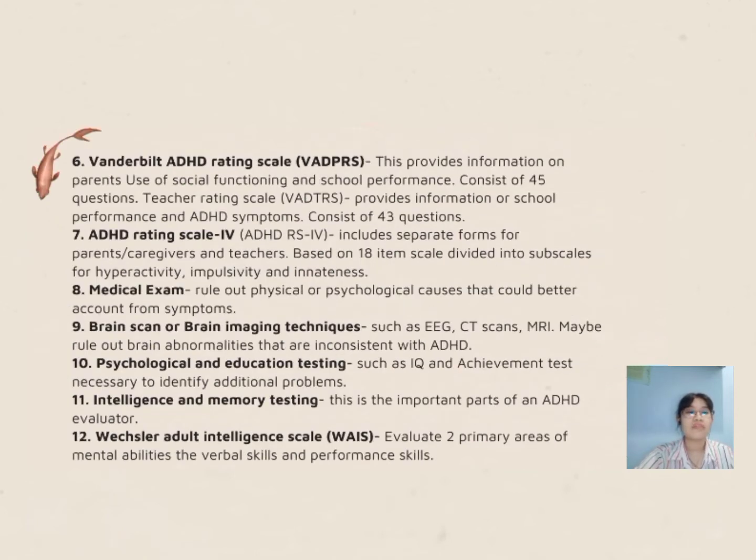Next we have the Vanderbilt, or VADPRS, ADHD rating scale. There is also a Vanderbilt Teacher Rating Scale. The Vanderbilt Parent Rating Scale provides information for the parents on social functioning and school performance.